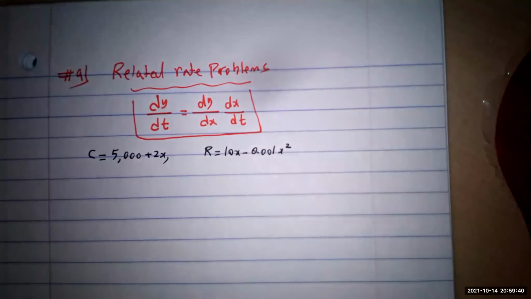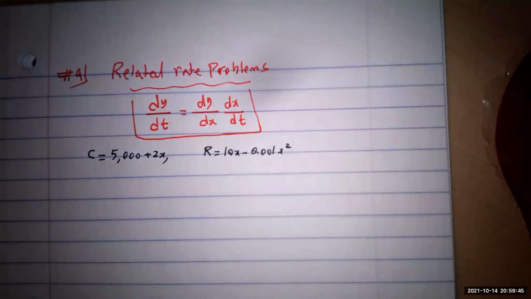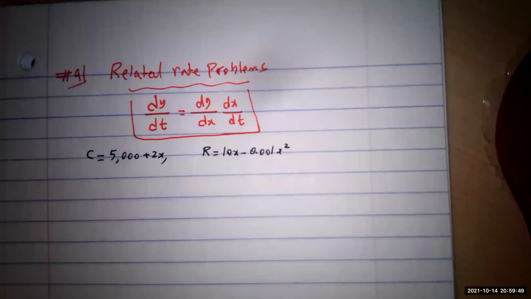So this is component 1. The x is going to be the number of units produced, okay? In this problem, you're producing flash drives. So x is the number of flash drives that we're going to have.